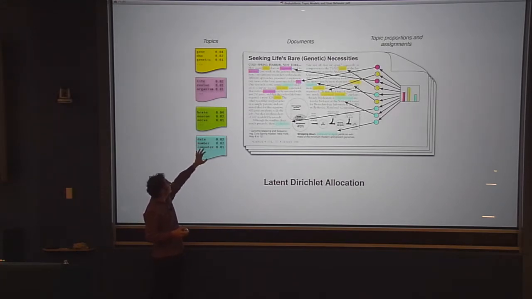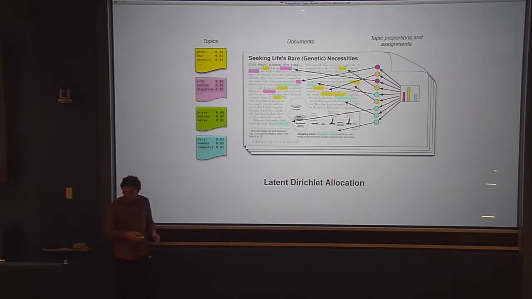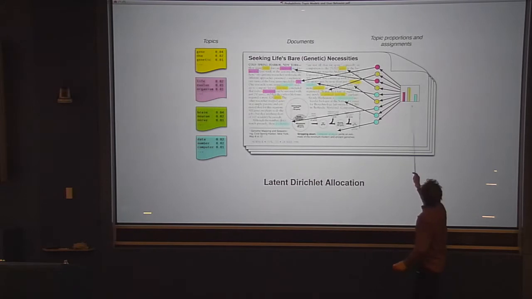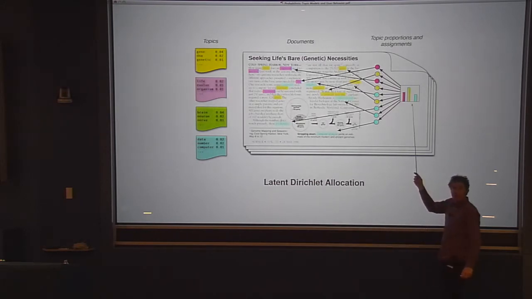Words like data, number, computer have high probability. Here's the neuroscience topic. Words like brain, neuron, nerve have high probability. Evolutionary biology, genetics, and so on. And you can imagine there are 100 topics sitting here outside of the collection. And the way we imagine every document arises is by first choosing a distribution over topics. That's this cartoon histogram here, where I've chosen the pink, yellow, and blue topics with some probability.